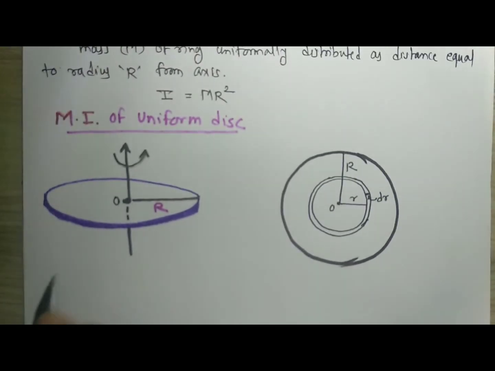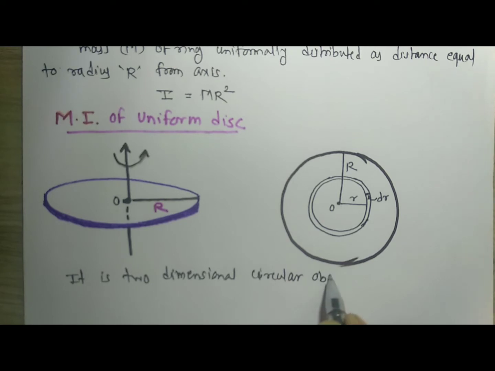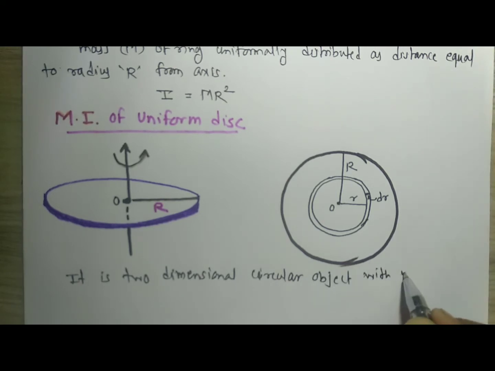Let us consider it is a two-dimensional circular object with negligible thickness.